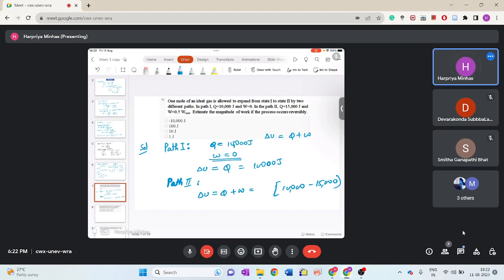So here, to get the overall work done, we are subtracting this 15,000 value that is in path 2 minus 10,000 joules, which is del U, and for work we are going to get 5000 joule.